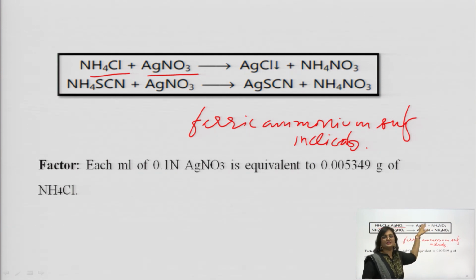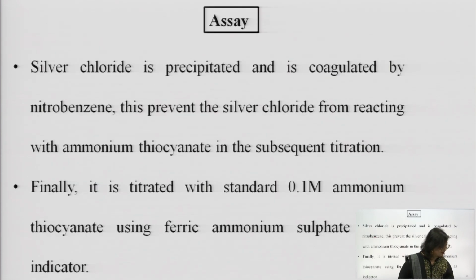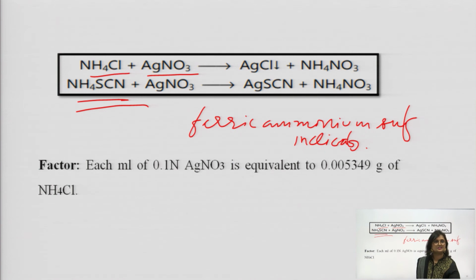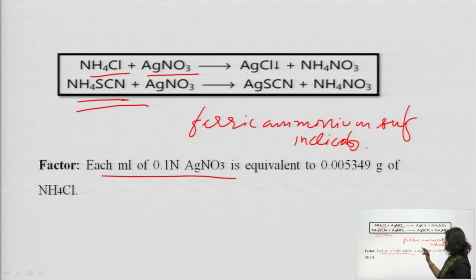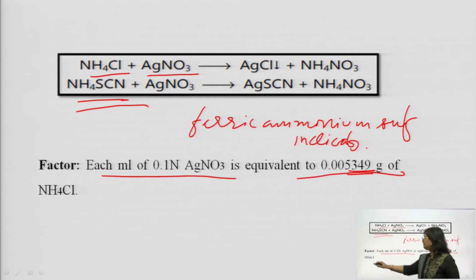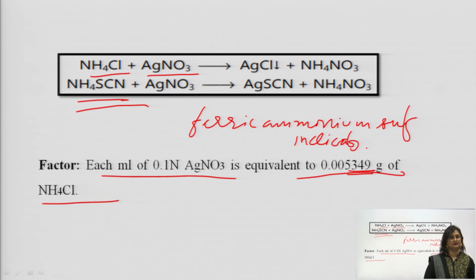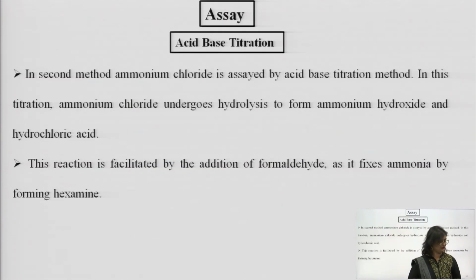This precipitation is increased in the presence of nitrobenzene. Next, it is titrated with ammonium thiocyanate. Each ml of 0.1 molar silver nitrate is equivalent to 0.005349 grams of ammonium chloride. Clear, all of you?